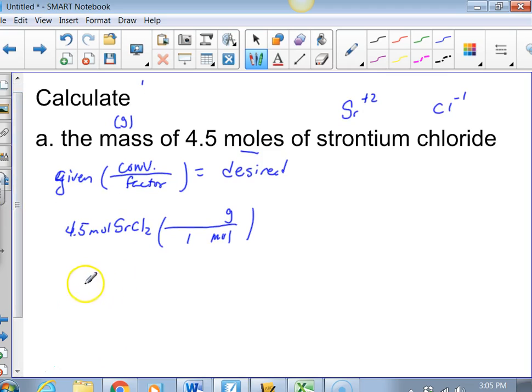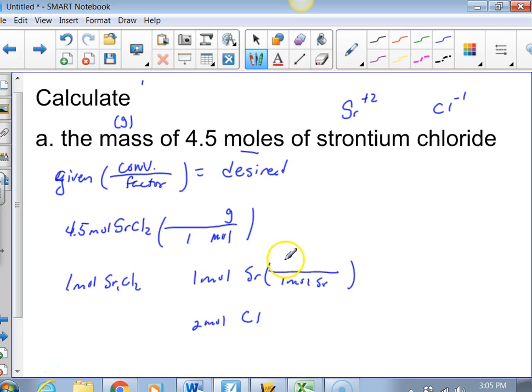So 1 mole of strontium chloride, SrCl2, has 1 mole of Sr and 2 moles Cl, just looking at the subscripts. Every 1 mole of Sr has a mass of 87.6 grams, and every 1 mole of chlorine is 35.5.